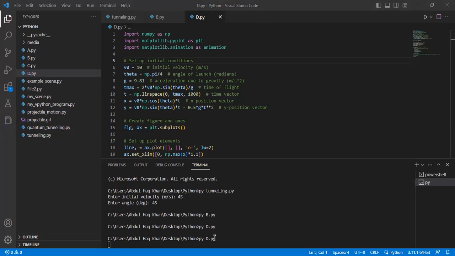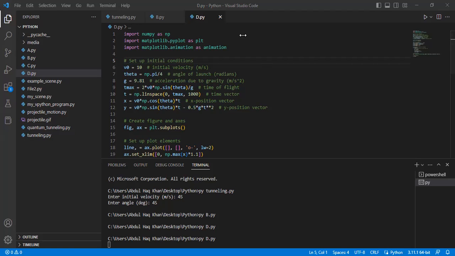It starts from the 0 point, the point of projection, and reaches its maximum height, as already studied on our whiteboard. Now it will reverse its motion and come to the point of landing. So here the animated projectile motion can be seen.